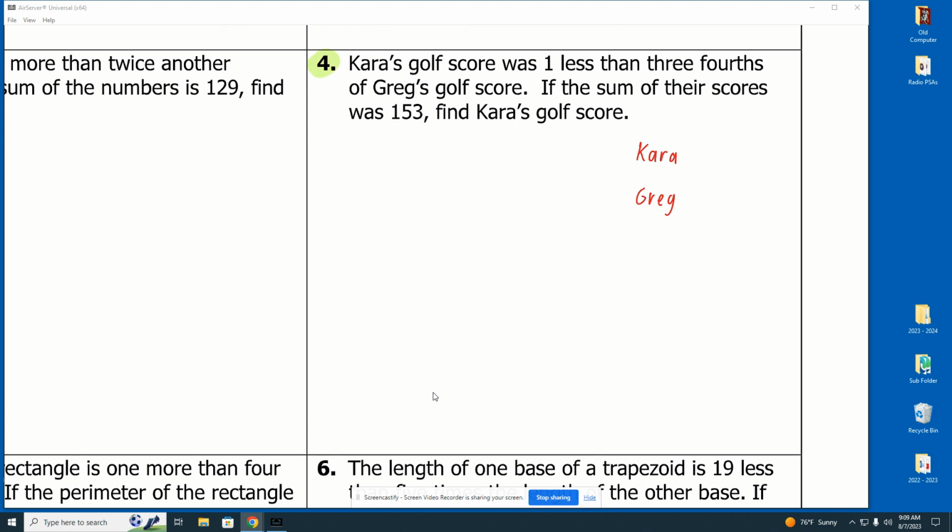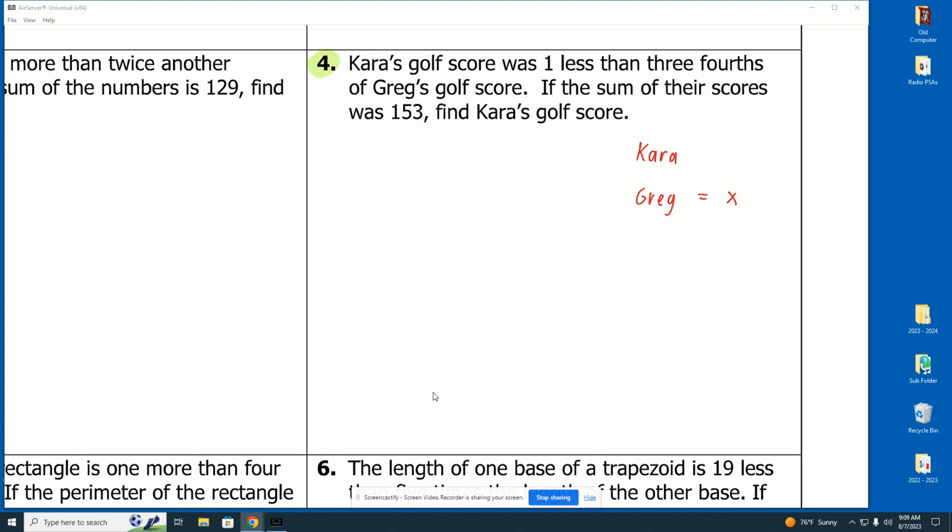And what do we call something in math? We call it x. So since Kara is being compared to Greg, Greg is x. He's something that we don't know. And Kara is being compared to that something that we don't know. So that thing that we don't know, we know is x.